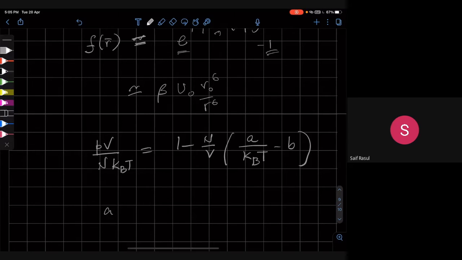Where A is a constant, which will be 2 pi r naught cubed u naught by 3, and B is 2 pi r naught cubed by 3.